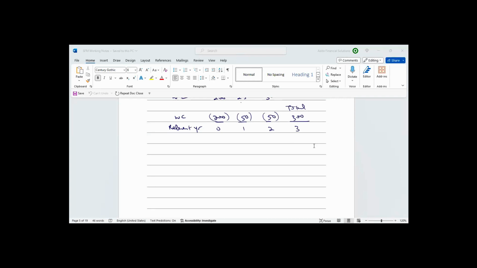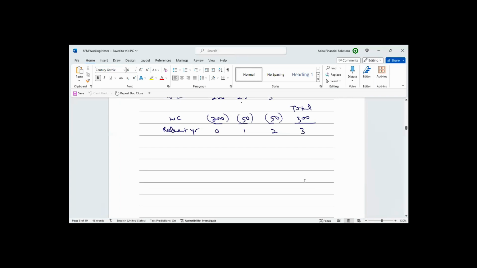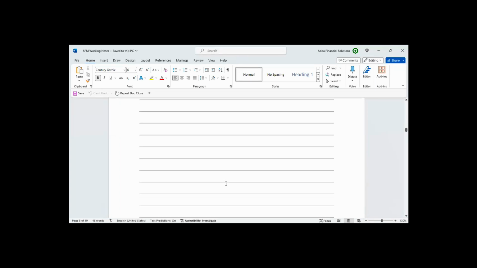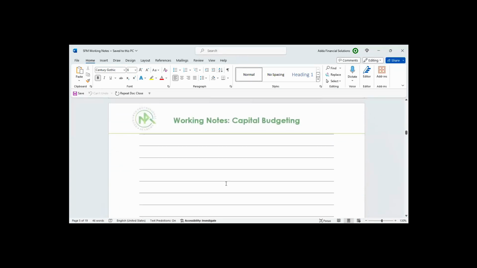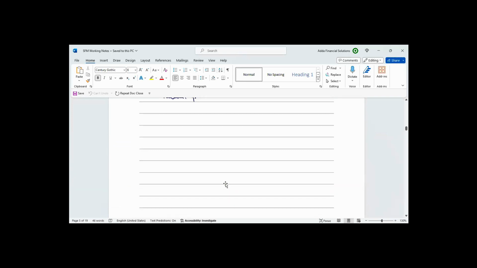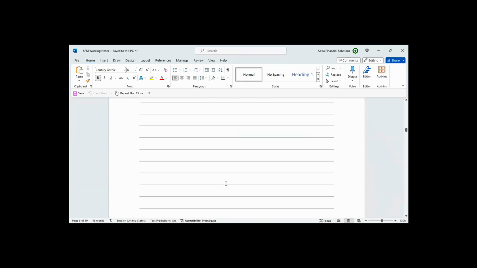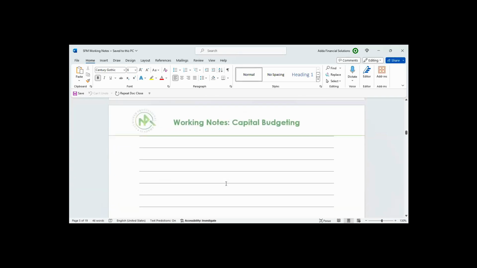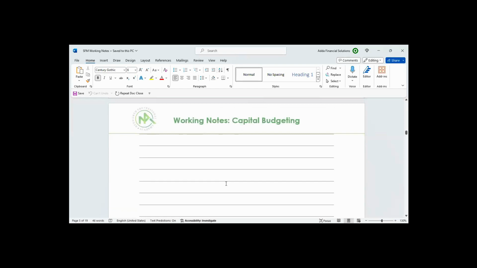So if that is the case, let's solve now. Let me increase the font to be bolder. The name of this company is Washington PLC.